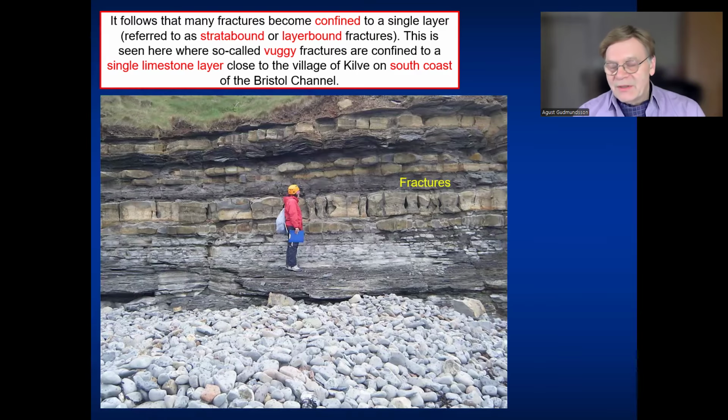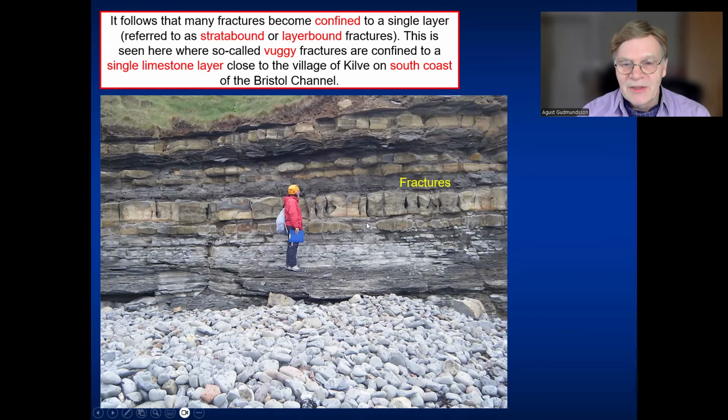So it follows from this discussion that we often have layers with fractures like we see here. I just indicate the fractures here, but of course they're everywhere along this layer. These fractures then become confined to a single layer and are called stratabound or layer bound. In this particular case, we are looking at very interesting fractures.